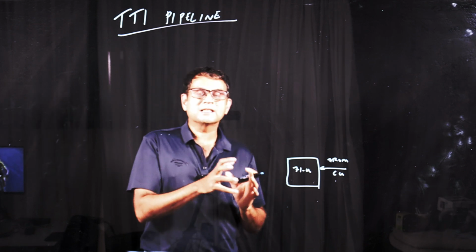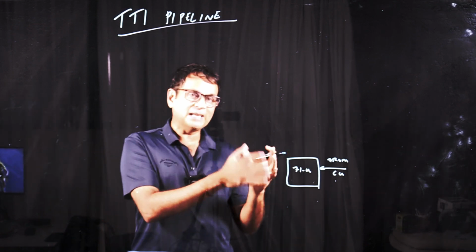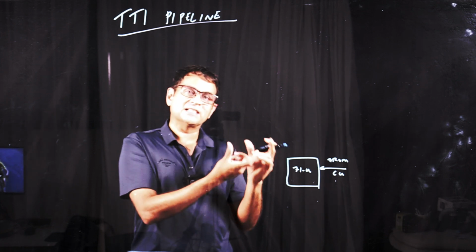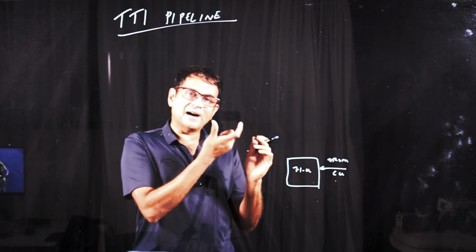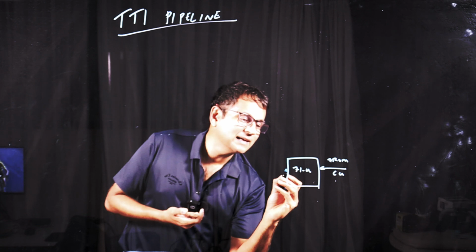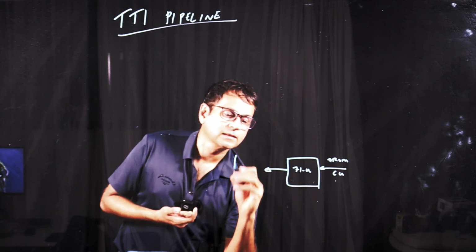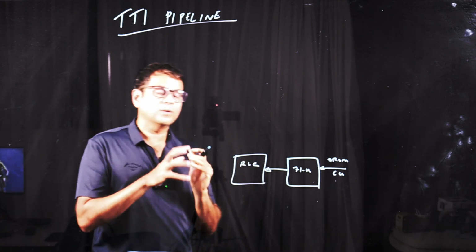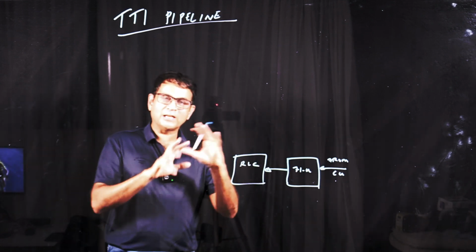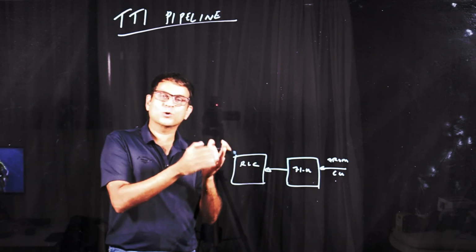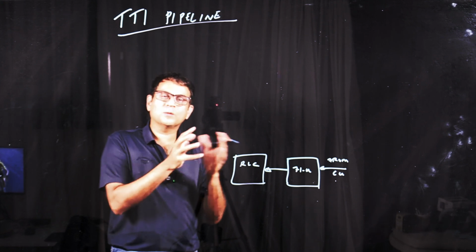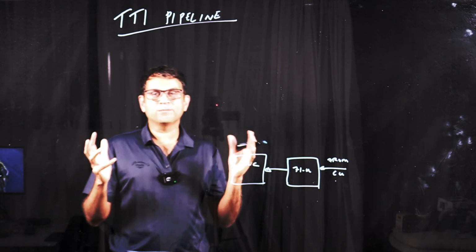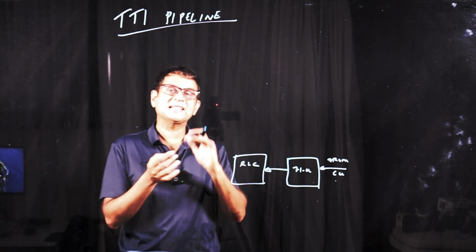Now, the F1U module is basically terminating the GTP packets coming in from the CU, and it is decapsulating the GTP header and preparing an RLC SDU, and then it ships it off to the RLC module. Now, the RLC module in the DU itself is split into two parts: the real-time sensitive portion of RLC, which is normally called RLC lower, and then the non-real-time portion of RLC, which is called RLC upper.